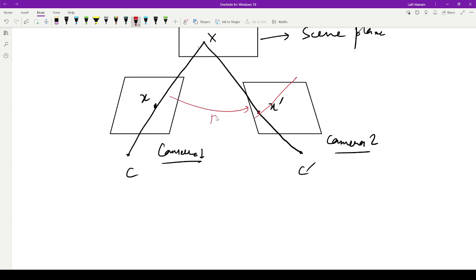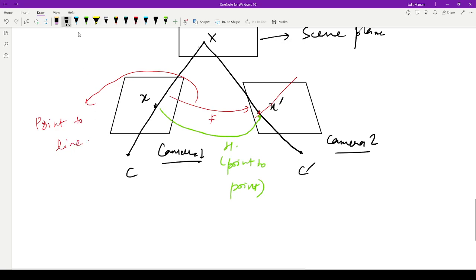And what's the mapping that we get from homography? Homography is a point to point map. And this is point to line. So given these two things, can you relate them?